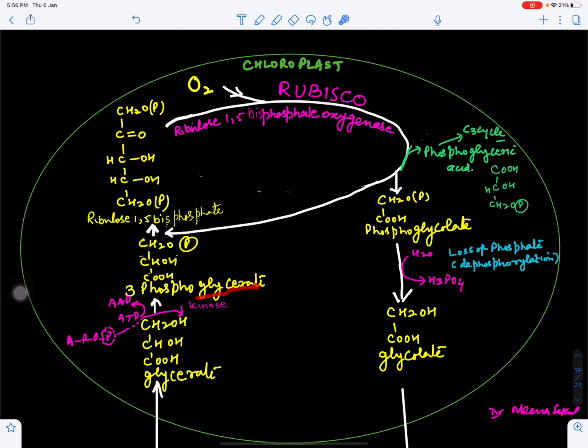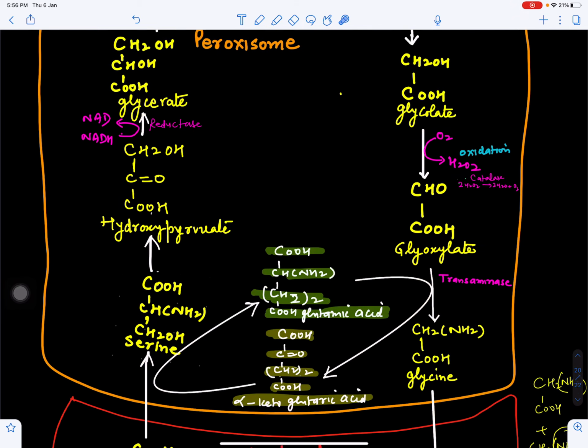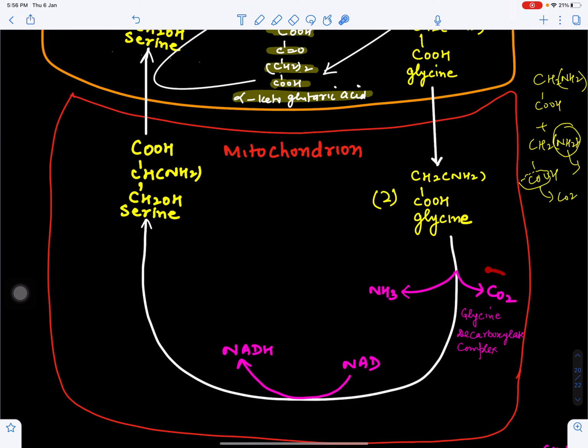Now 3-phosphoglycerate will again react with these molecules and get changed to ribulose 1,5-bisphosphate, and in this way this cycle is completed.